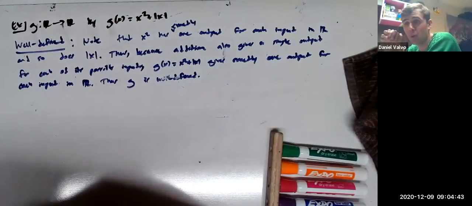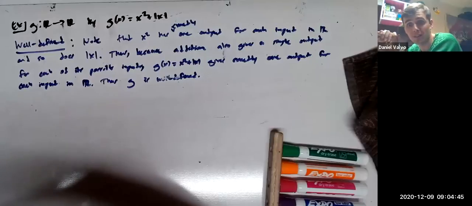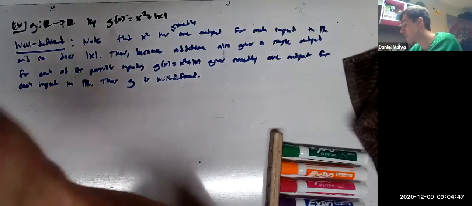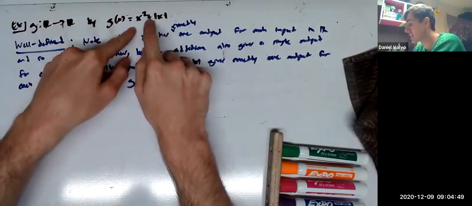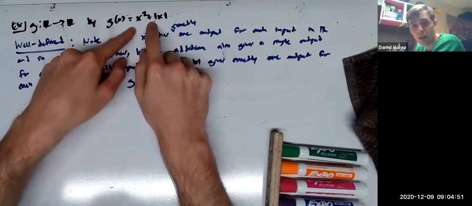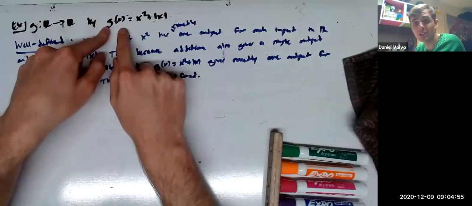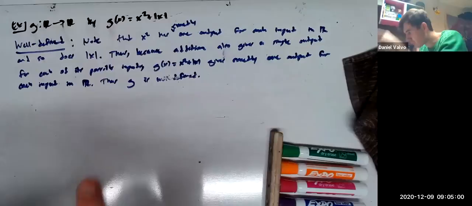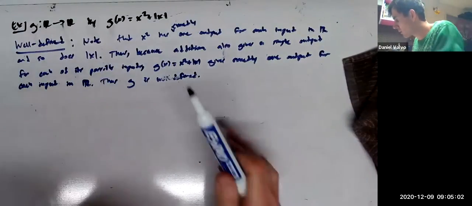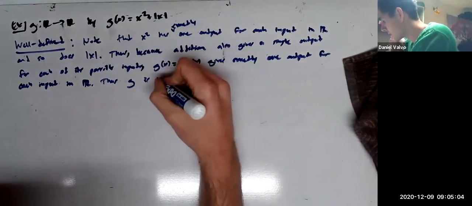Like 5 plus 4 is not 9 or 12, it's always 9. Since x squared, the absolute value of x, and the plus all give one output for every input, this whole function combined will give one output for every input. It's impossible not to. Therefore, g is well defined.